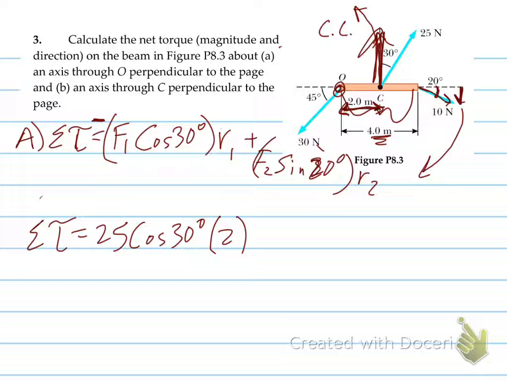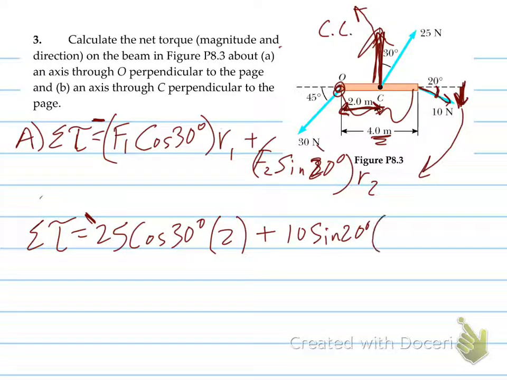Then we are adding, because we want this to be negative since it's counterclockwise, our F2 of 10 newtons, but we need to put in that sine 20 degrees to get the y component.